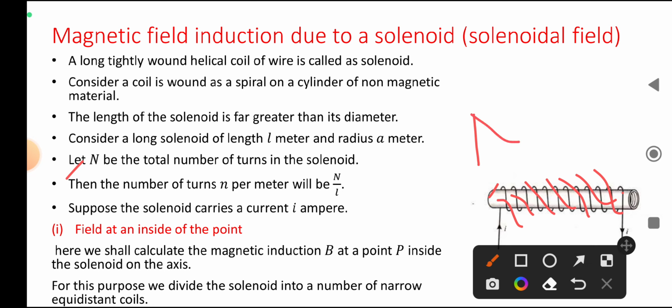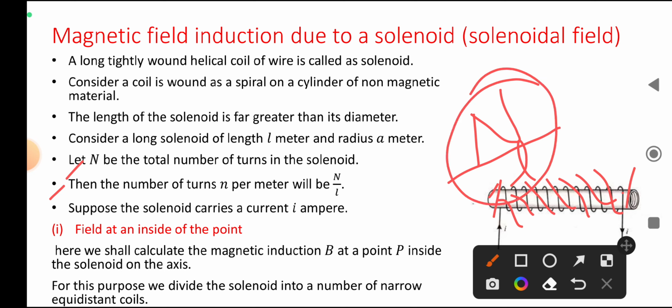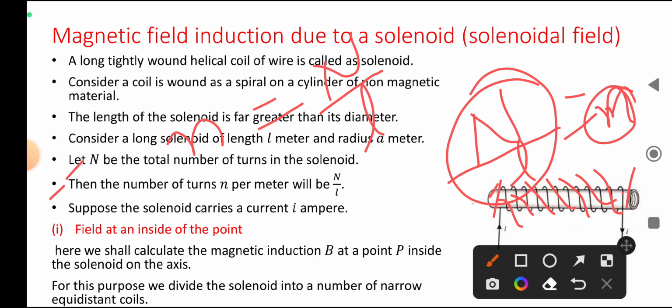Those total windings are denoted by capital N. The number of turns per unit length, per meter, will be N by L. From here to here the length is L. This small n is called the number of turns per meter: n equals total number of turns divided by the length of the solenoid.